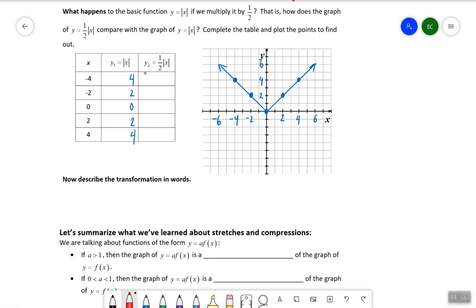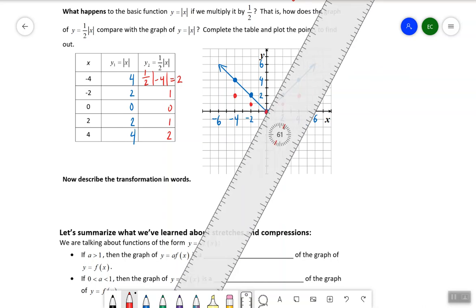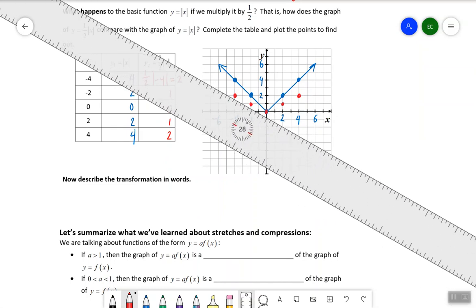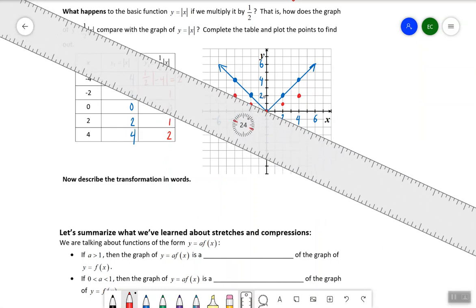If we come through for the new function, in the table we'll get 2, 1, 0, 1, and 2 for the y values. If I went kind of fast through those, you might pause and make sure you agree that those values are correct. Make sure you understand where they came from. And then we can just go ahead and plot the points and draw the graph.